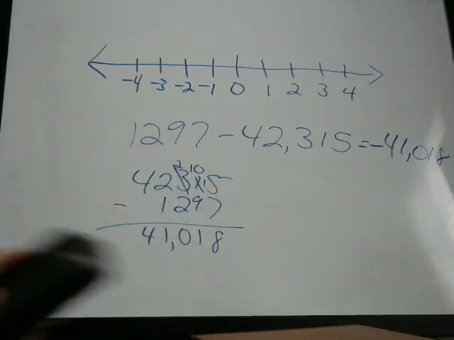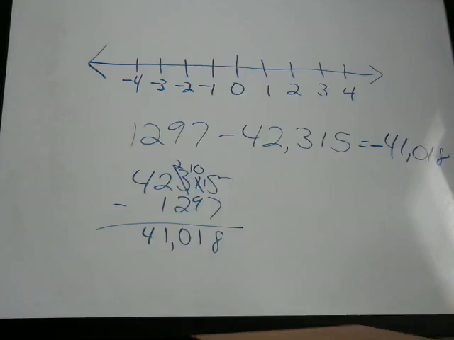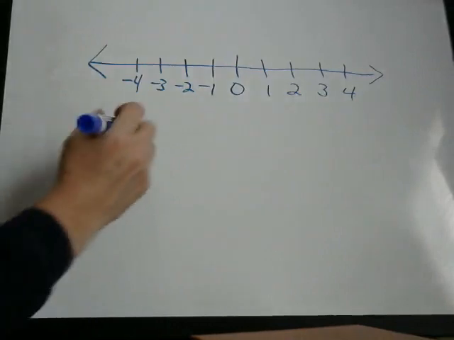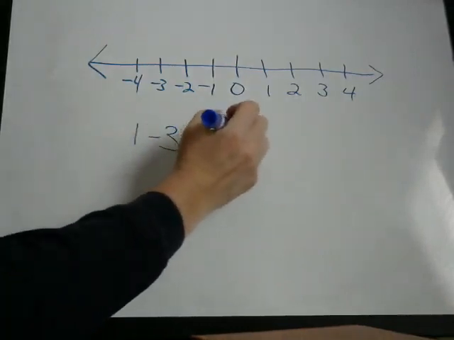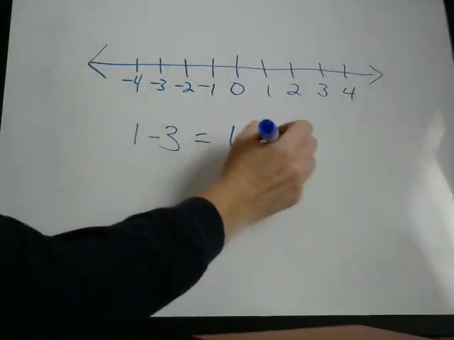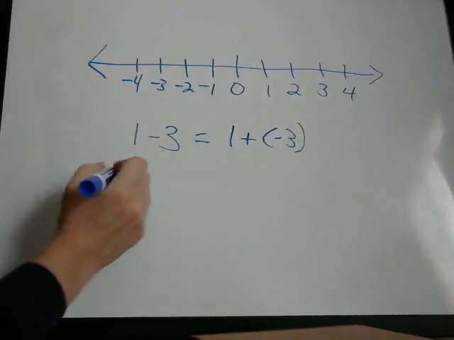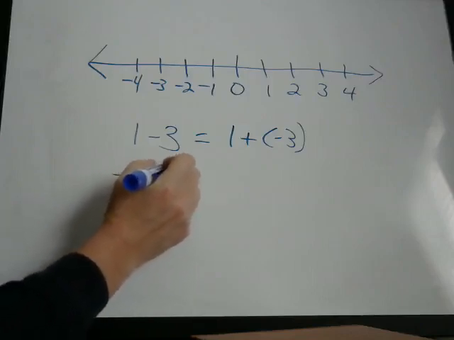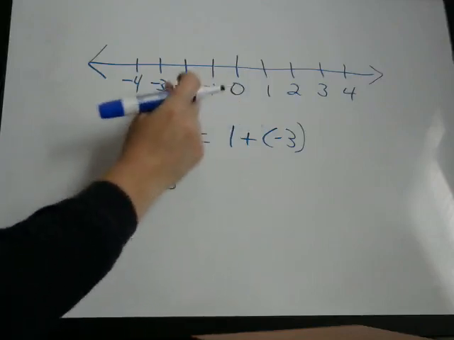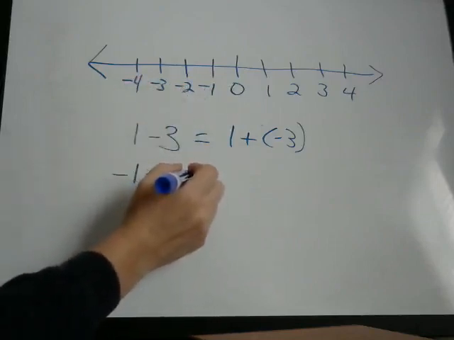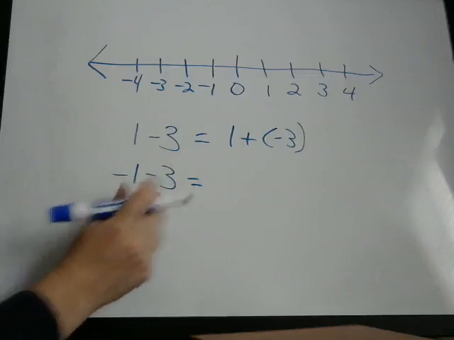Now, when you're subtracting, you honestly can think of this as adding a negative number. So for example, 1 minus 3 is really 1 plus negative 3. So when you're doing negative numbers and subtracting, for example, negative 1 minus 3, you're here, 1, 2, 3, so it's going to be negative 4, but that's kind of hard to think of written like that.